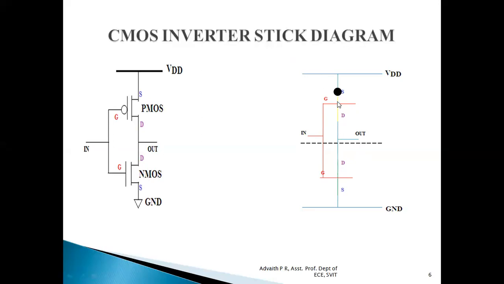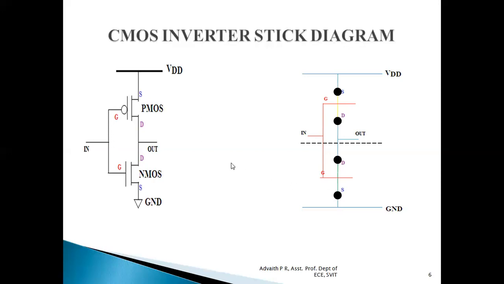The metal and the diffusion, two different layers, there has to be electrical connection between those two. So we have to establish a contact. It is also called as VIA. Similarly, diffusion, metal, two different layers. So we have to establish a contact. Metal, P-type diffusion, metal, N-type diffusion, we have to establish a contact. Similarly, N-type diffusion, and there is a metal here. If there has to be connection, we have to establish a contact.